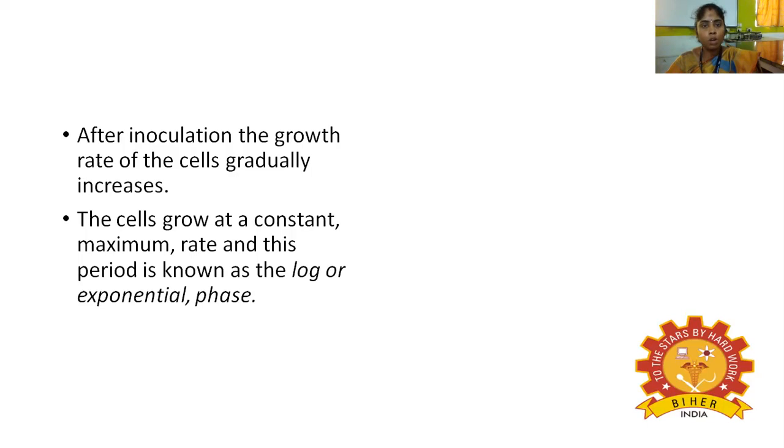In the case of any fermentation process, let us look at the batch fermentation process. Here there are 4 different phases in the growth cycle of a microorganism. The first is the lag phase.